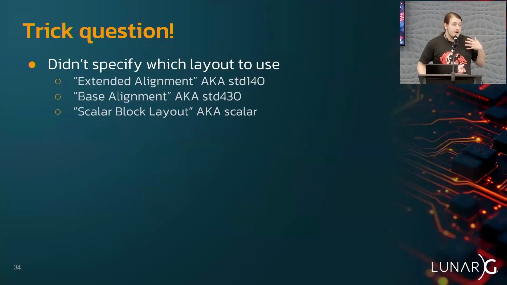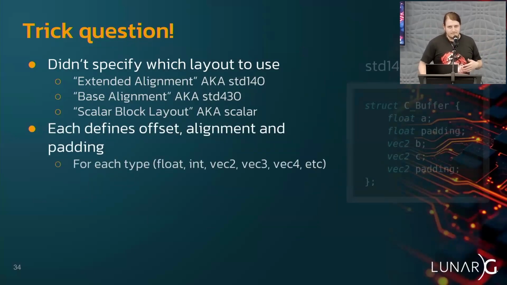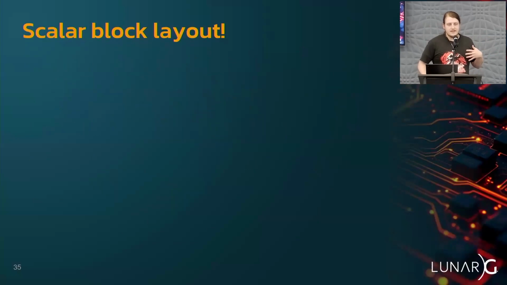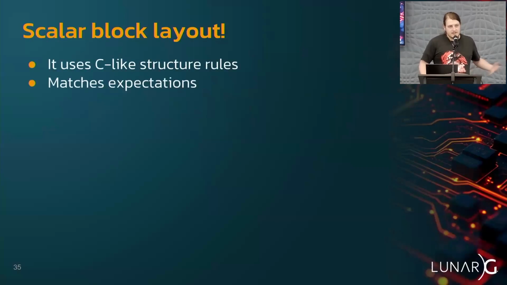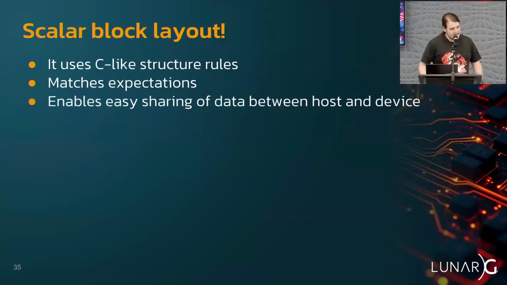There are 3 different layouts available. And scalar block layout is the layout to use if you don't want to have to think about the layout, because it mirrors the C ABI, not API, sorry. So if you know C, it matches your expectation.